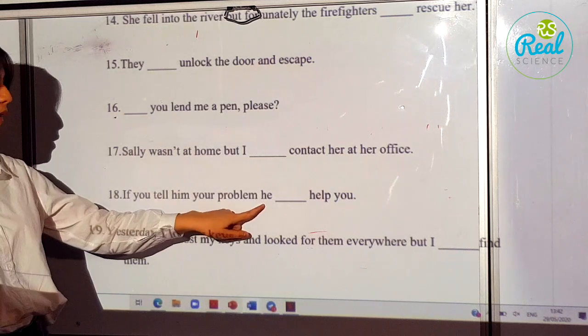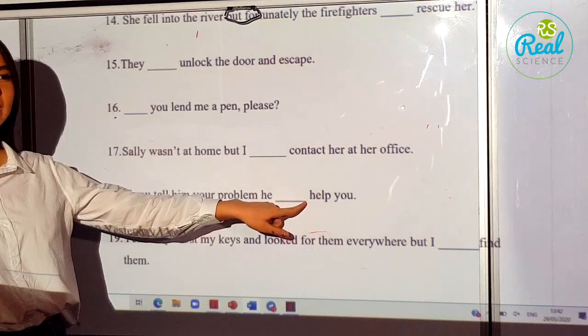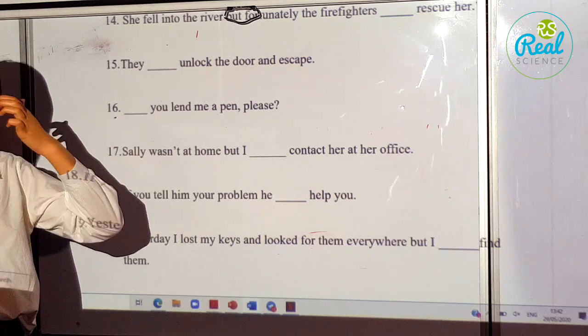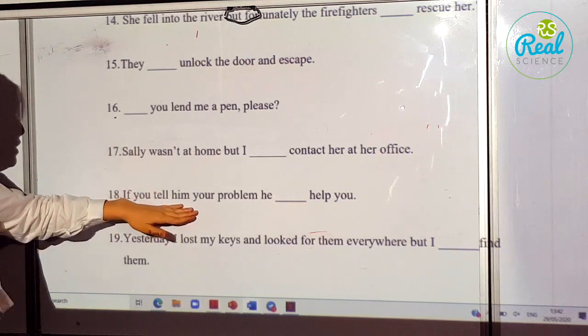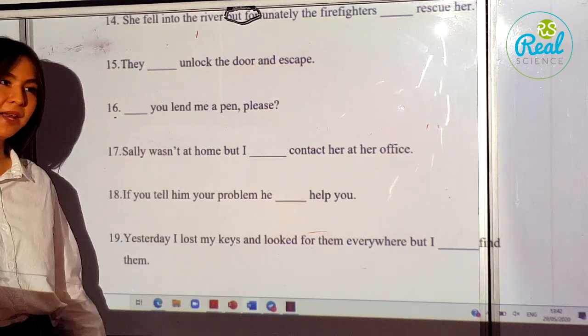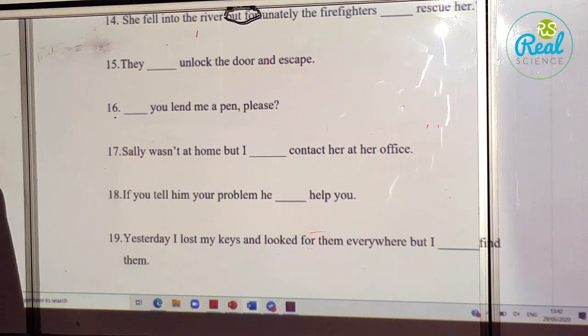If you tell him your problem, he will be able to help you. This is conditional, that's why you should put will be able to or will manage to help you. Okay. So 19. Hassan.